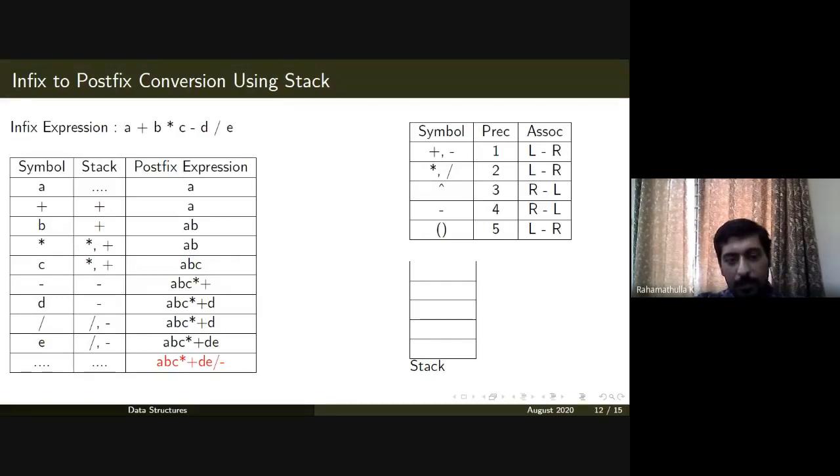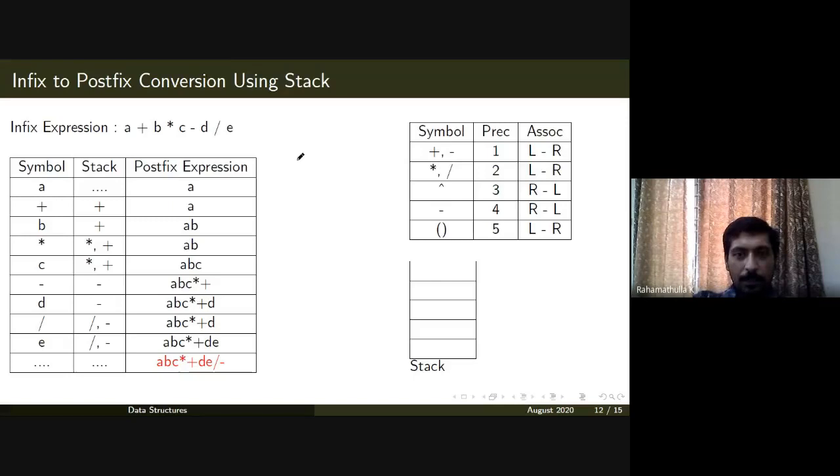I'll explain how to convert an infix expression to postfix by using a stack. So you are going to implement this using a stack. So we are learning this as a application of the stack data structure.